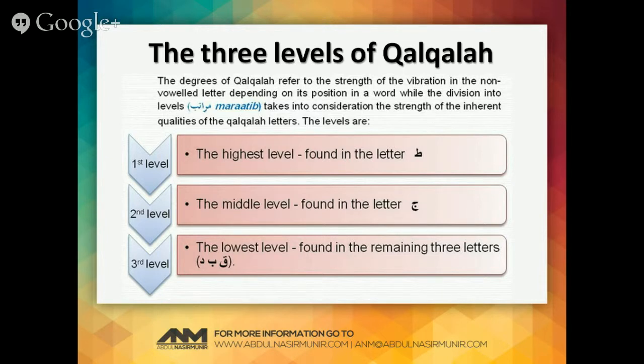There are 3 levels of qalqala strength. The highest level is given to the letter ta, which is the strongest letter in Arabic. The middle level is the letter jim. The lowest is these 3: qaf, ba, and dal.